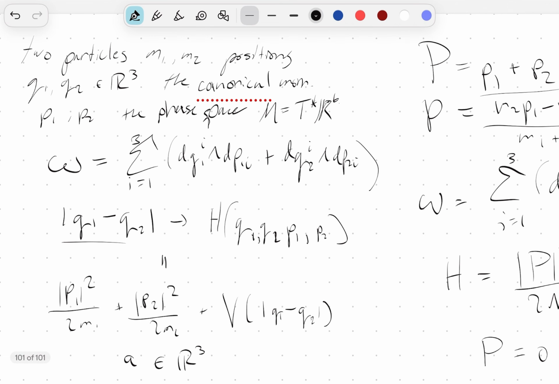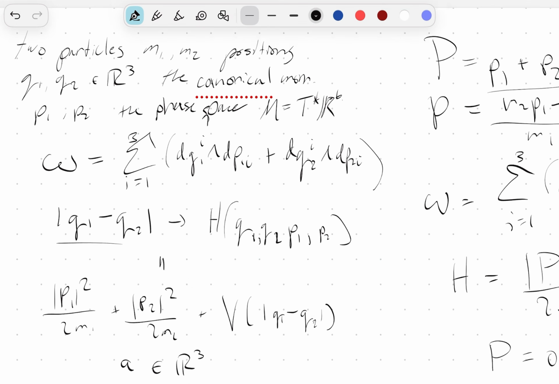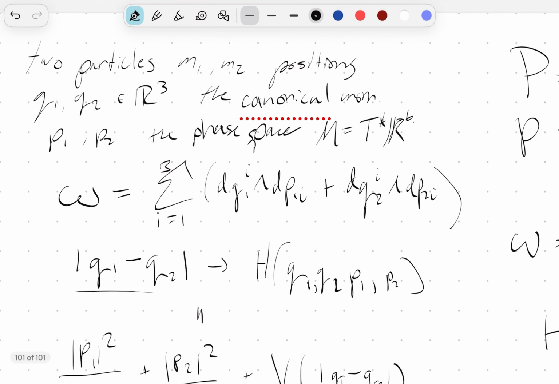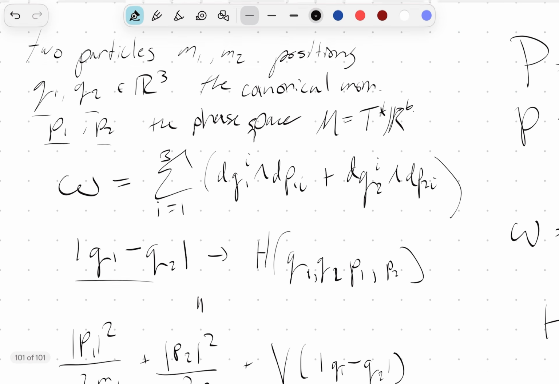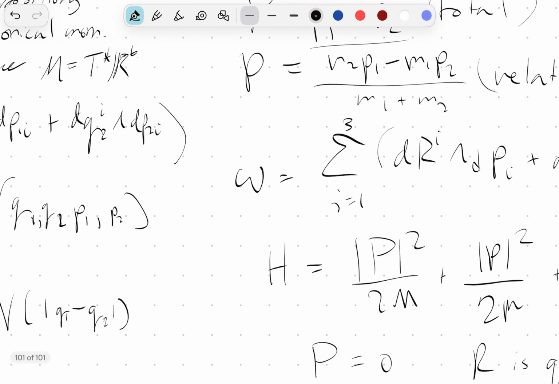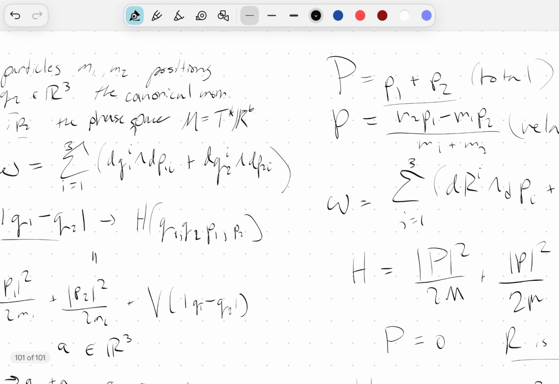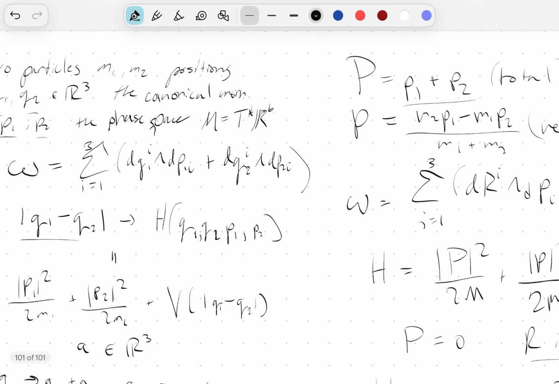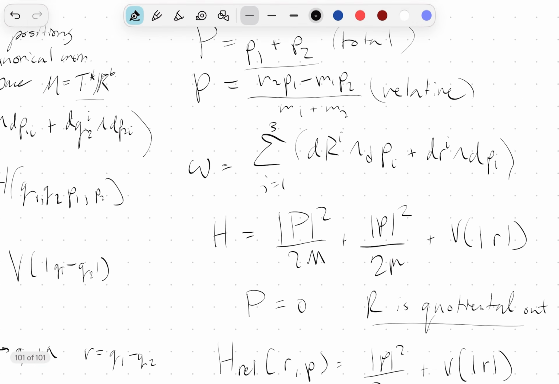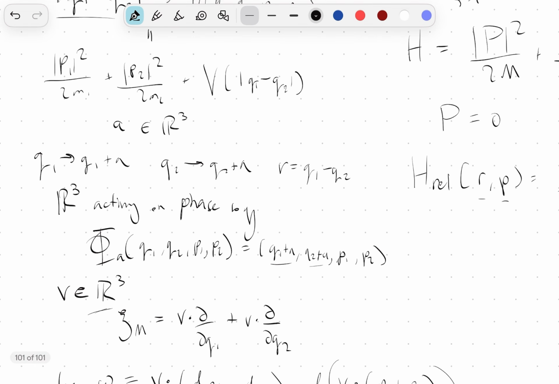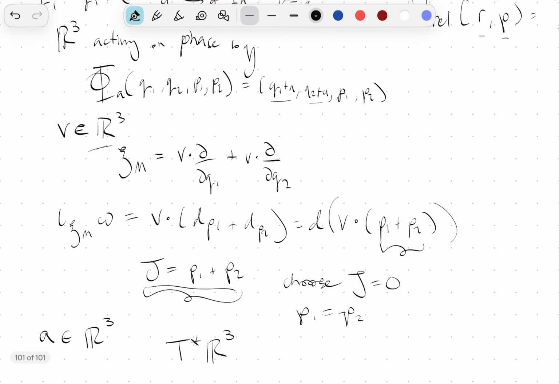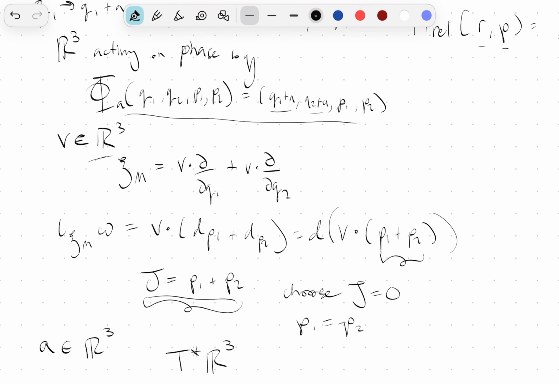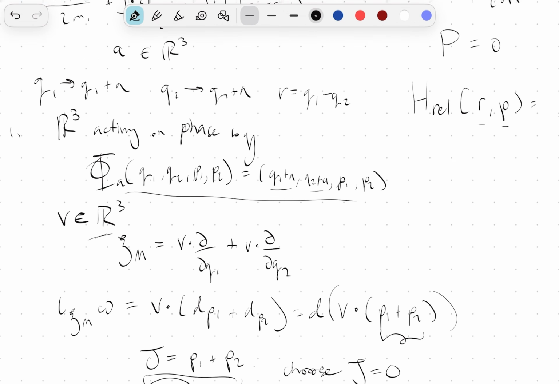With the momentums and positions in R3, we had four of them valued in R3, and the phase space itself was the cotangent bundle in R6, but we proved that it became diffeomorphic with the symmetry, or with the Lie algebra.